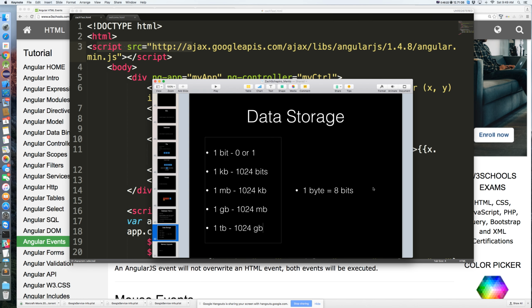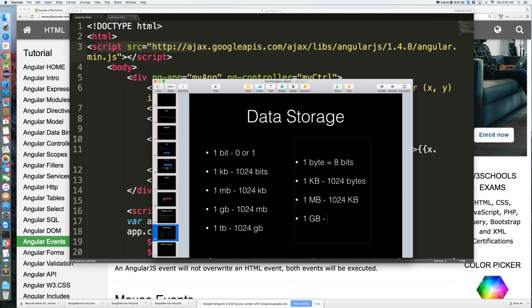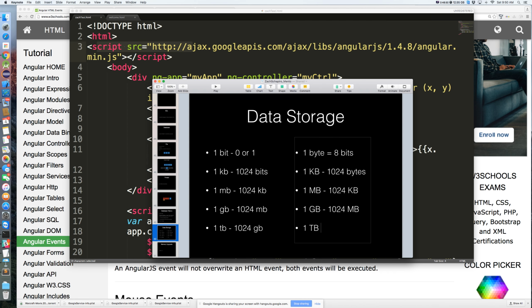Let me do the other one, and I'll tell you an interesting consumer ploy they use today. So then we have bytes. So we have 1 kilobyte, big B, is 1,024 bytes. 1 megabyte, big B, is 1,024 kilobytes. 1 gigabyte, big B, is 1,024 megabytes. 1 terabyte, big B, is 1,024 gigabytes.